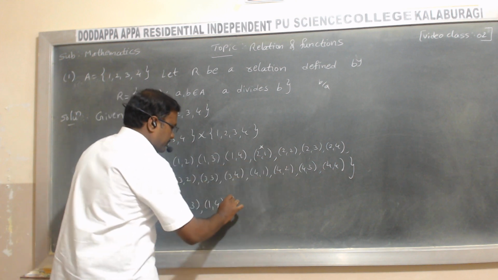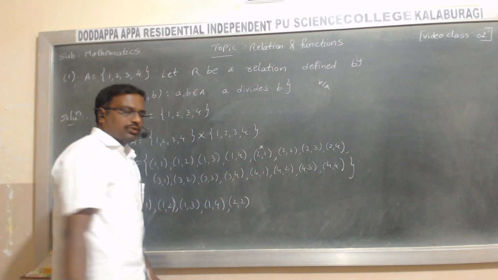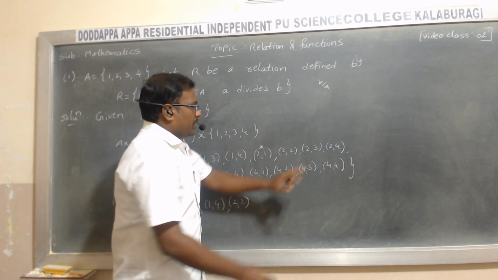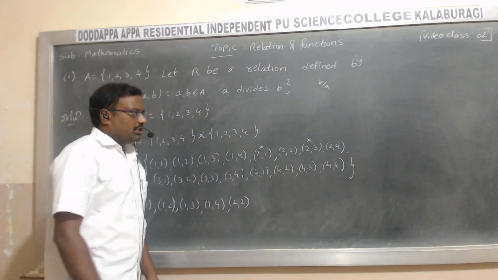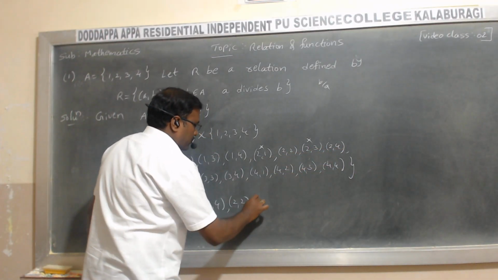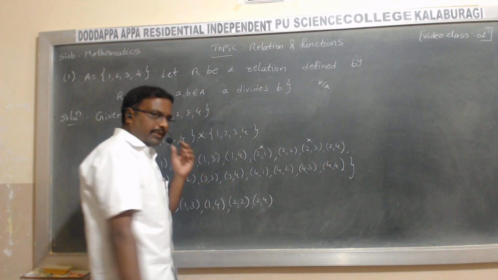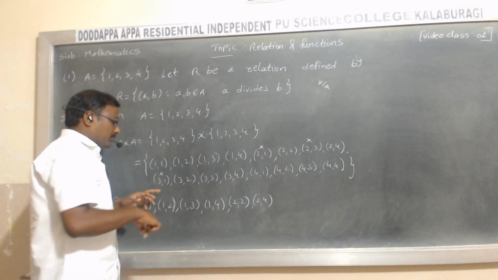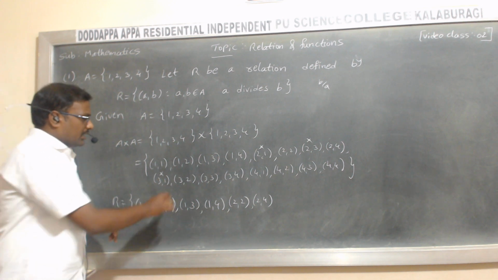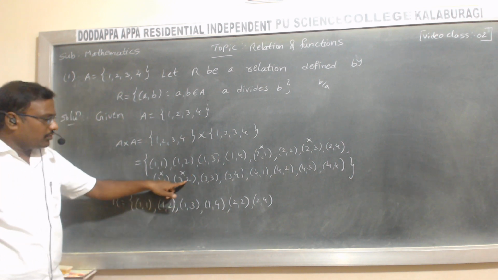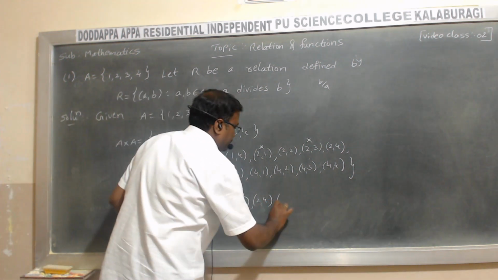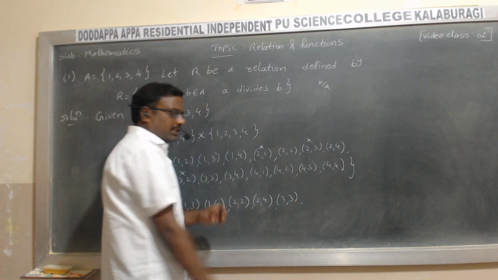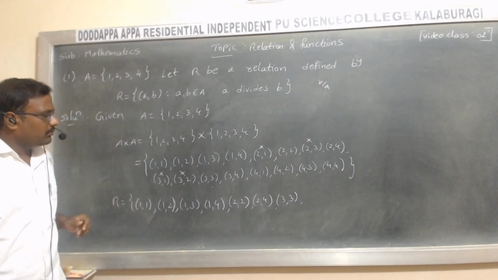Similarly next (2,2): 2 by 2 is equal to 1. Again (2,3) is 3 by 2, not possible. Next (2,4) means 4 by 2, and 4 by 2 value is 2. Next (3,1) is not possible because 1 by 3. This is also not possible because 2 by 3. So this one (3,3), because 3 by 3 is equal to 1.